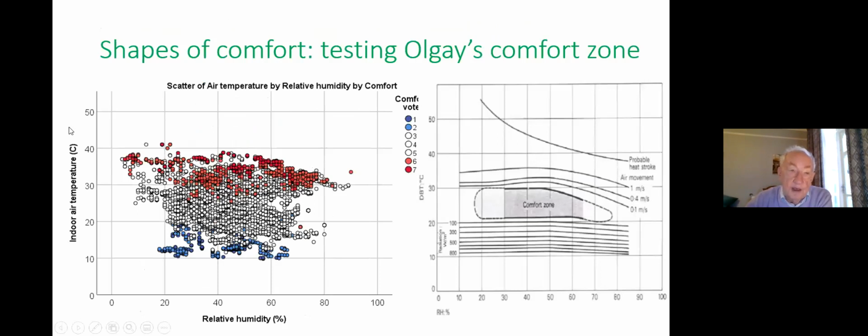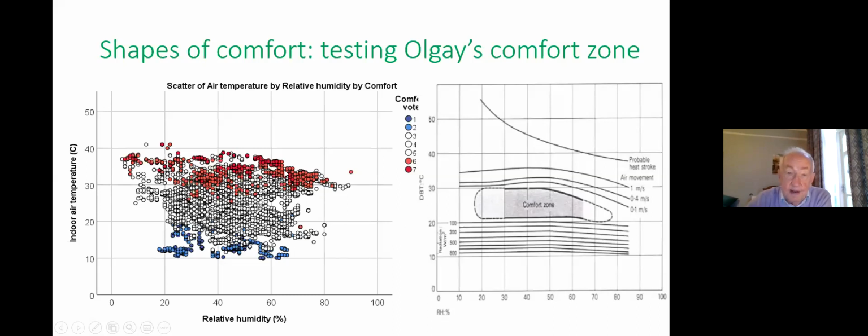We can use this data to look at Olgay's comfort zone. This was Olgay's comfort zone. I've tried to line up so that the temperatures are more or less the same. Between 20 and 30, he said people could be comfortable.